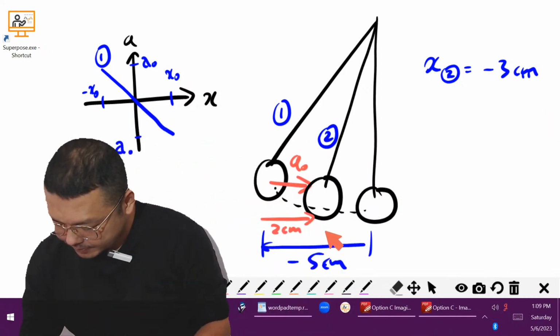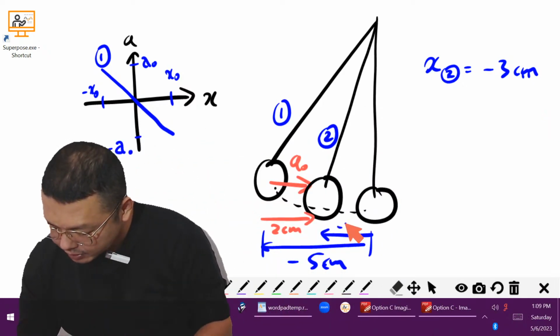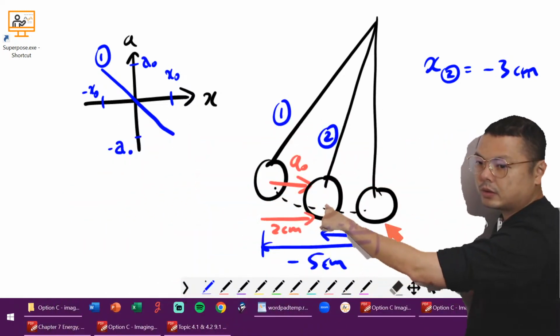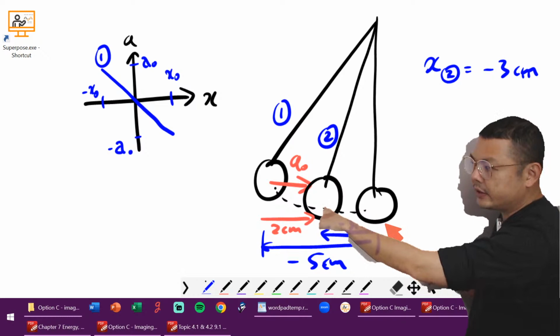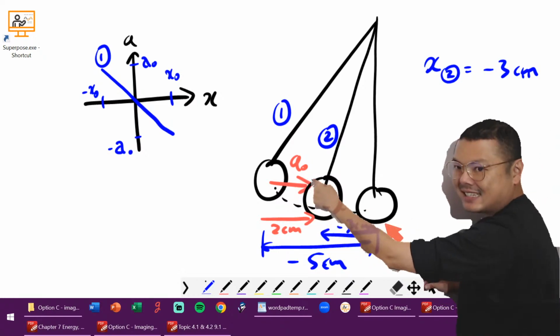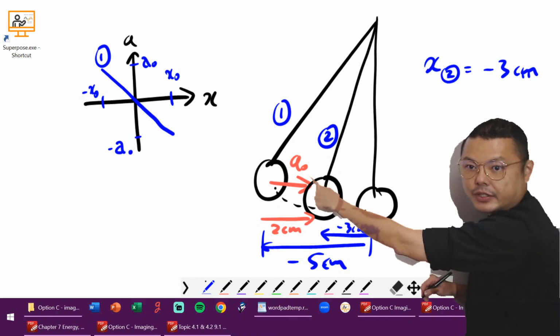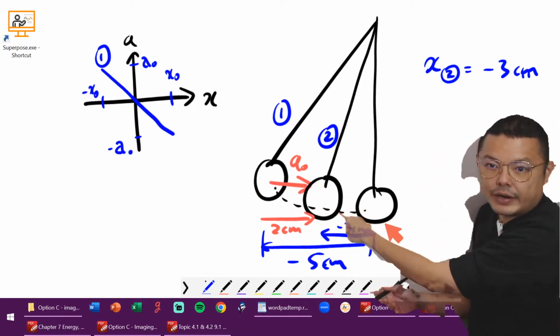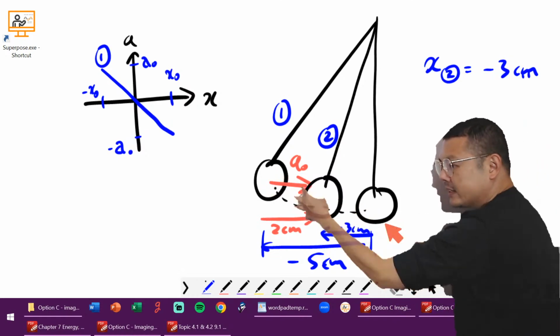Listen up, listen up. So I want you to consider this. What is the acceleration at position 2? What's the acceleration at position 2? Well, basically less than the maximum acceleration. So can you imagine the acceleration is getting lesser and lesser, but it's still accelerating, which means that it's still getting faster and faster.